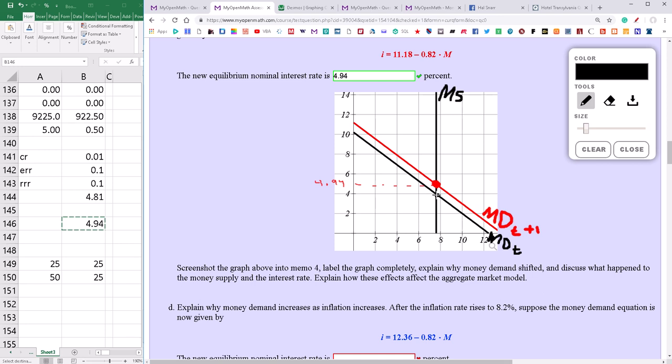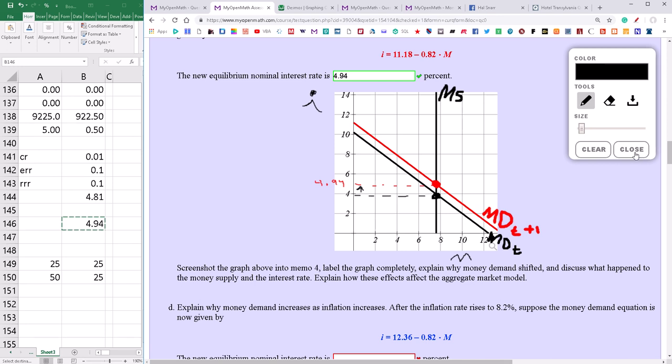Here's the original equilibrium. And it was just under 4, wasn't it? This is the price of money, the interest rate. And this is the quantity of money, right? So that's how you'd graph it. And then interest rates rose here, right? Okay.